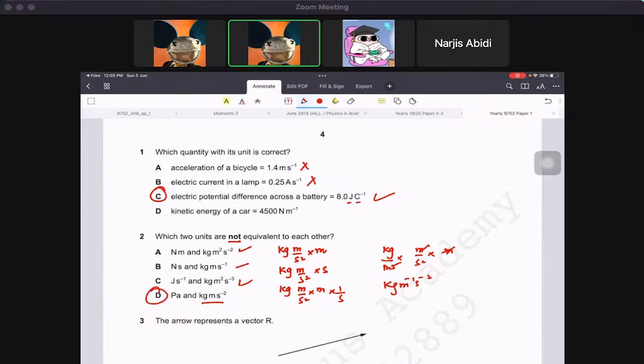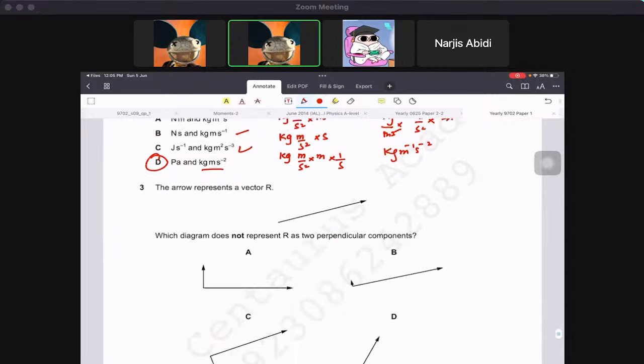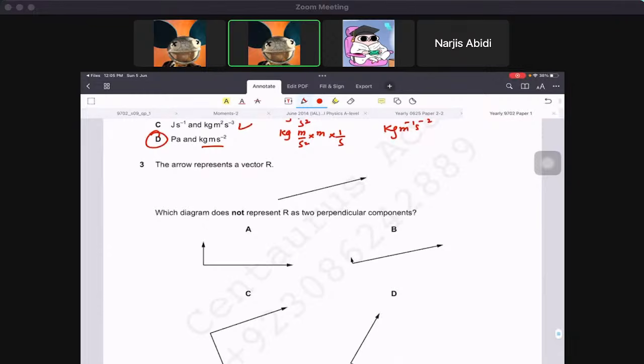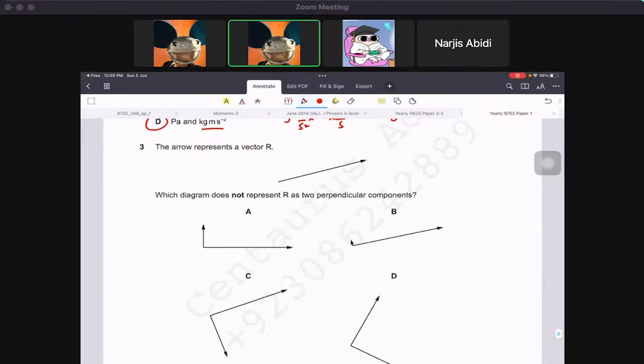All right, now the next one. Which diagram does not represent two vectors as perpendicular components? So basically this will have perpendicular components like this, right? Somewhat like that.